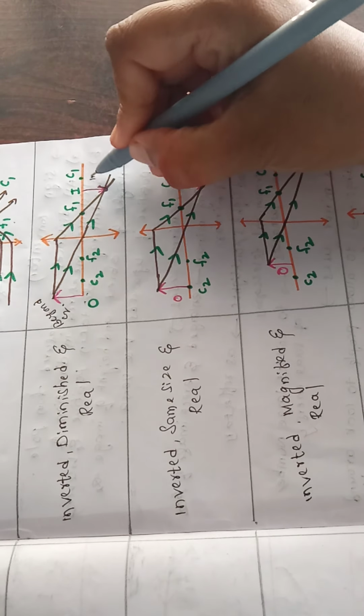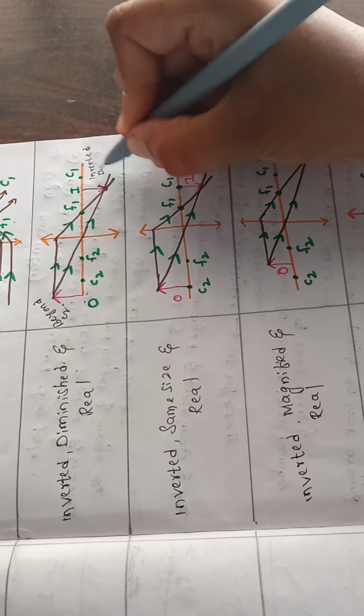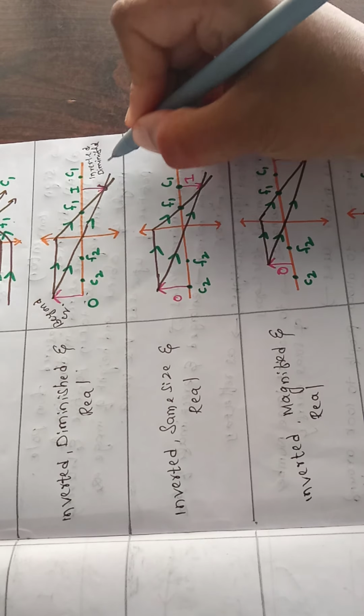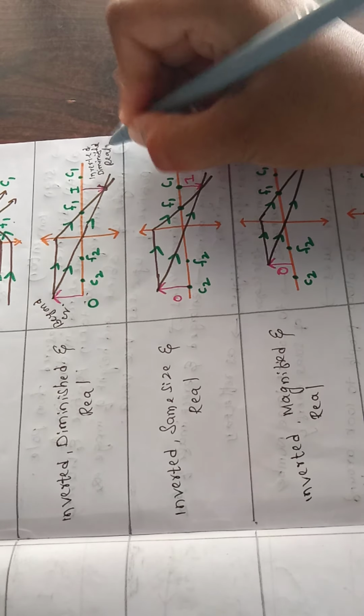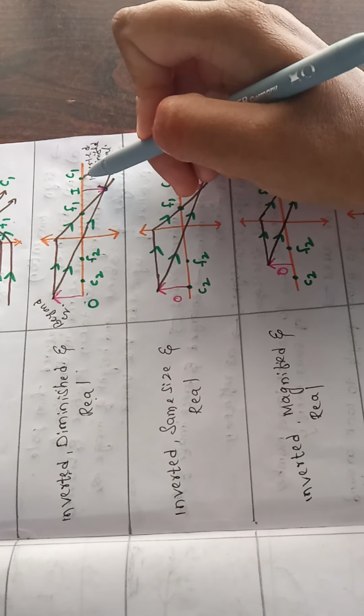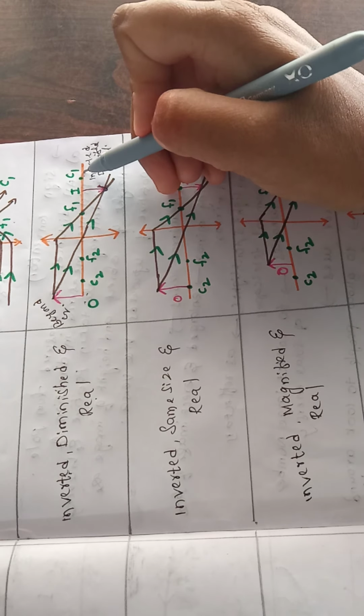How is the image? Inverted, and it will be diminished, smaller in size compared to the object's size, and it is real: inverted, diminished and real. And where is it formed? Between F1 and C1. The image is formed between F1 and C1.